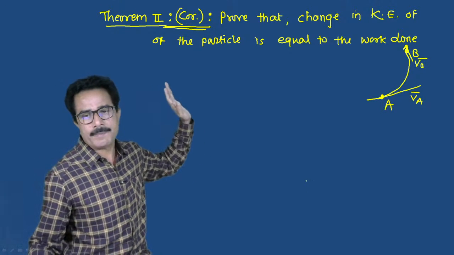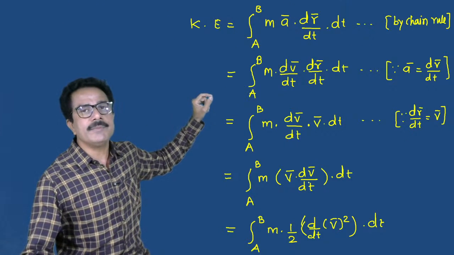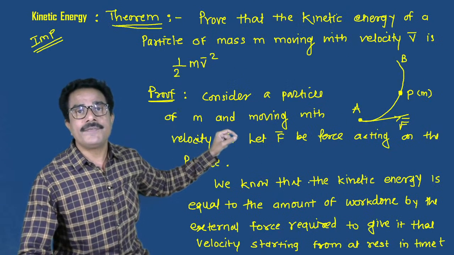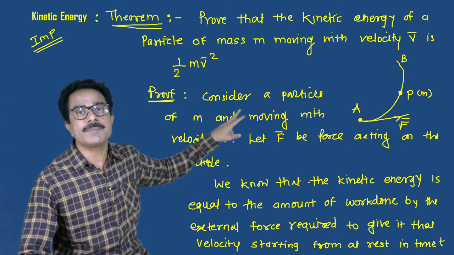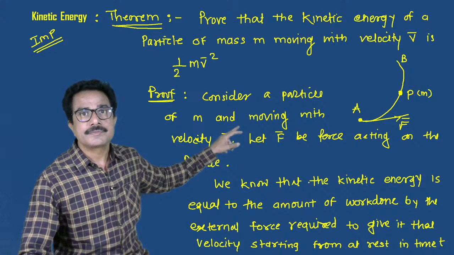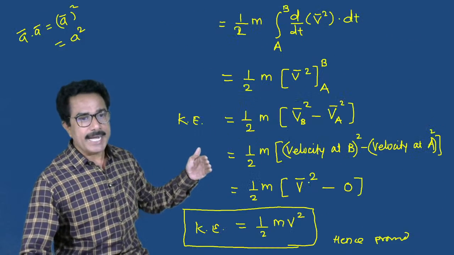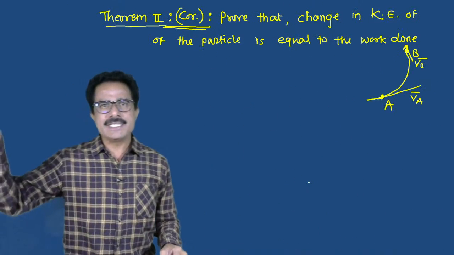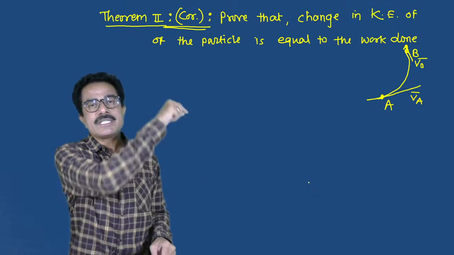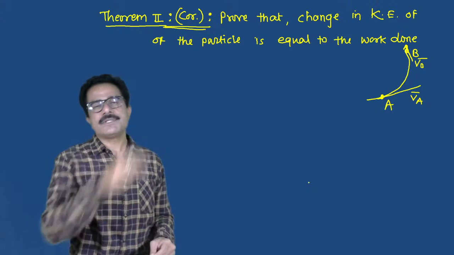अभी देखो पहले थ्योरम में इन दिस थ्योरम वी हैव कंसीडर दैट द स्टार्टिंग ऑफ मोशन ऑफ अ पार्टिकल इज फ्रॉम पॉइंट ए. So at point A its velocity is 0, but suppose that the particle is continuously in motion.